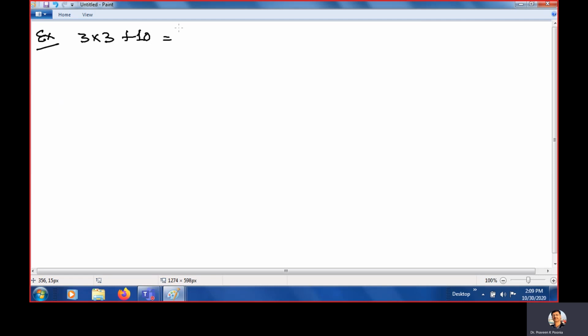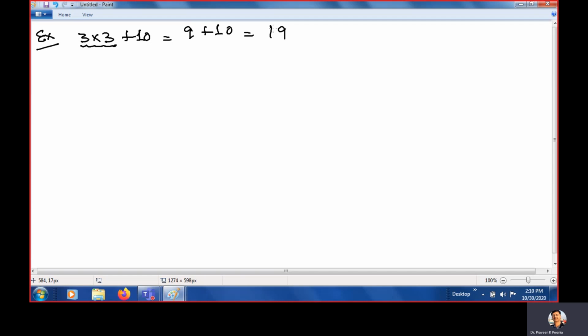Clear? If you say B, there is no bracket here, no indices here. Then division, no division here. Then multiplication, yes, multiplication is there. So 3 times 3, 9 will be first. Then after multiplication is addition. 10 plus 9, 19. So this is the answer.